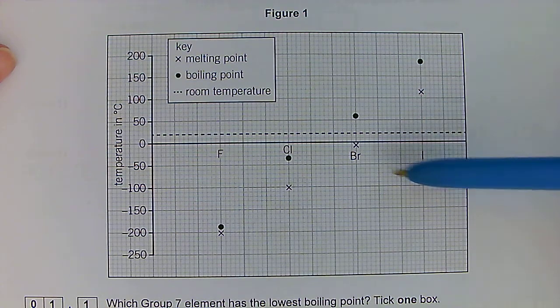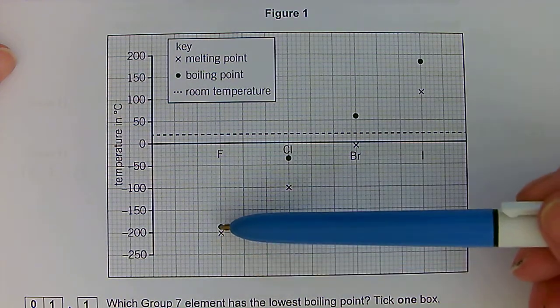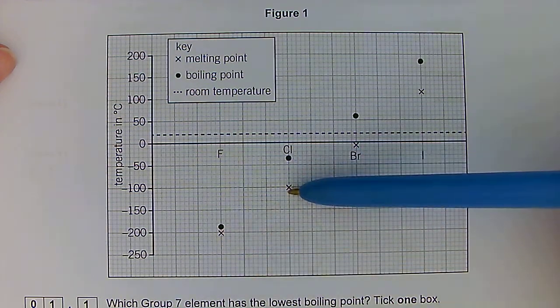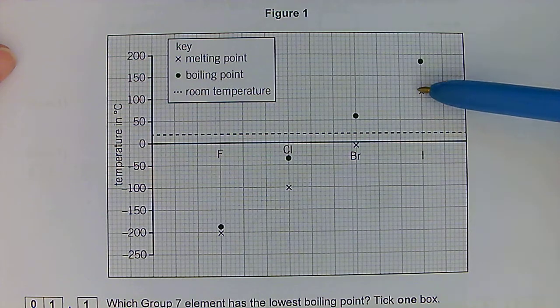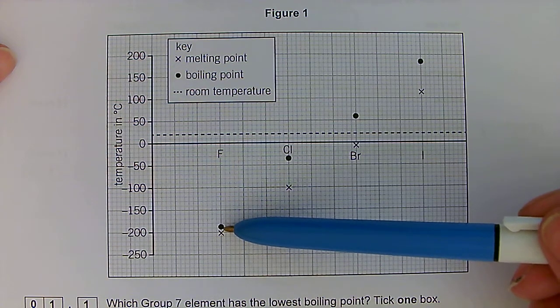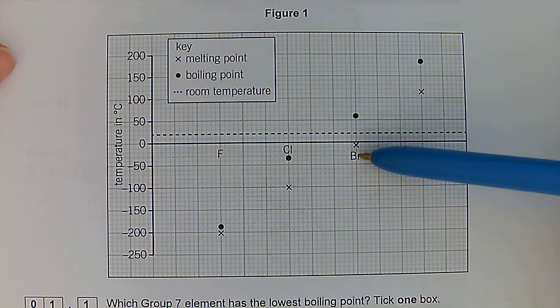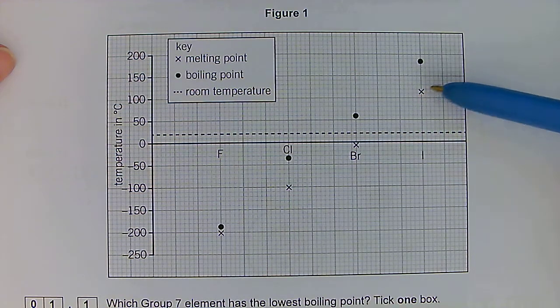Anything below the cross is the solid phase, and anything in between here is the liquid phase. So you can find the range over which it's a liquid by looking at the difference between the dot and the cross. So how big is that difference, because that will be its liquid range. So I hope that's helped you for question 1.